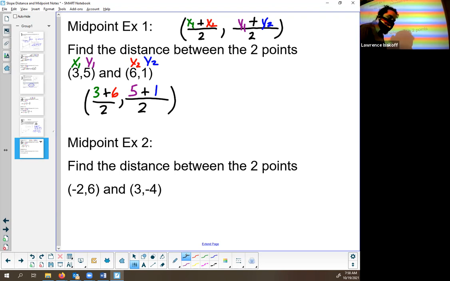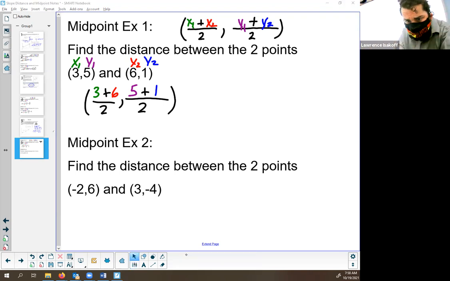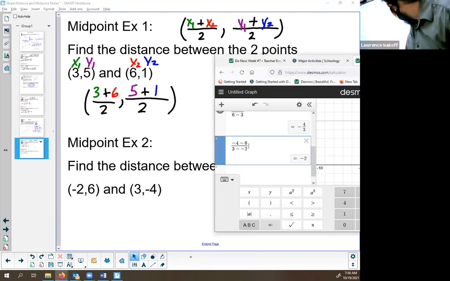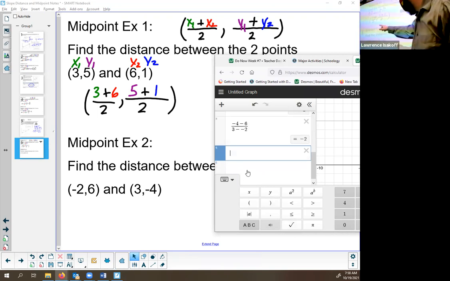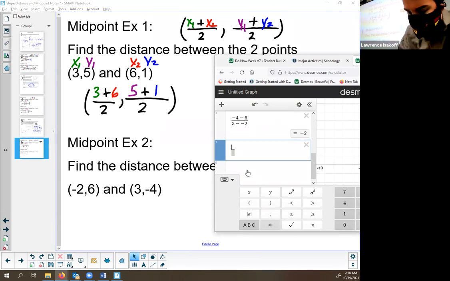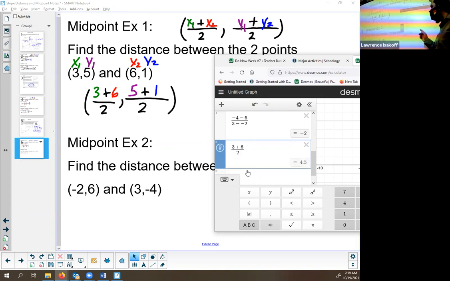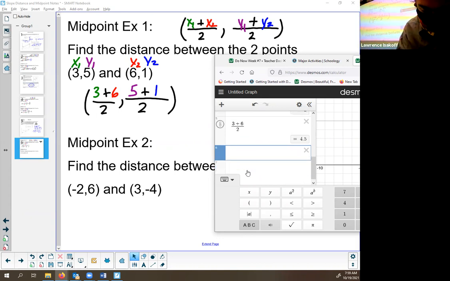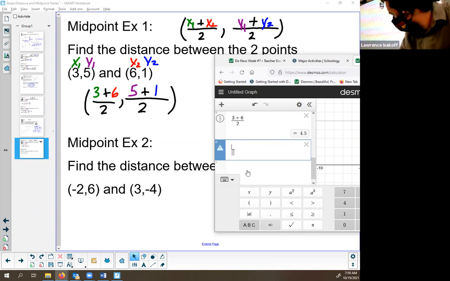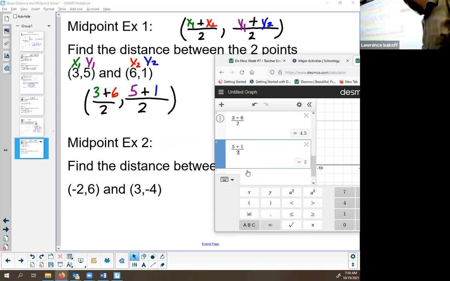Now here again, I could just quickly type these in to my calculator. I'm just going to do it in 2 parts, the x part and the y part. 3 plus 6 divided by 2, that gave me 4.5. Now I do my other part. My y part will be 5 plus 1 divided by 2, and that's 3.